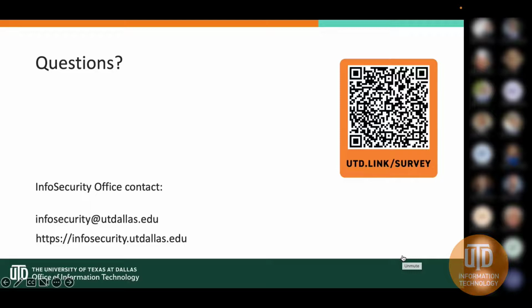If we have the email as an attachment, then we can take a look at it and evaluate the headers and things like that, and get more information about what is actually in the email. That's usually the best way to do it. So forward the email as an attachment to infosecurity@utdallas.edu or issupport@utdallas.edu.